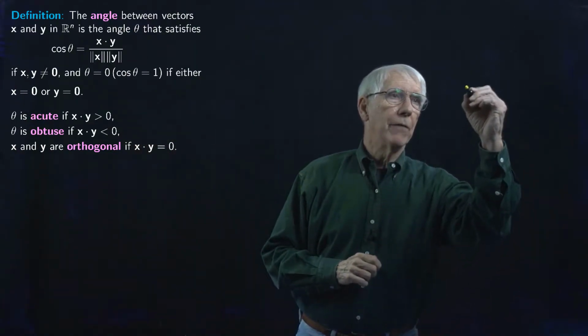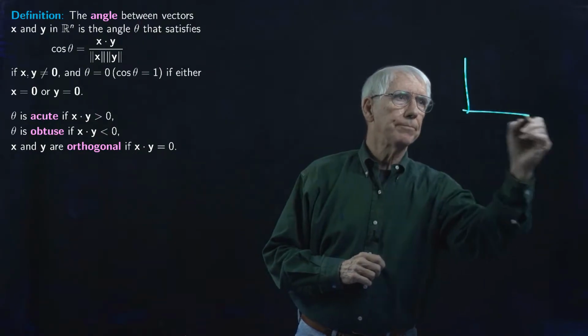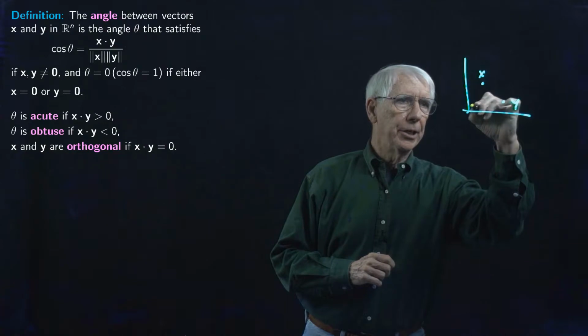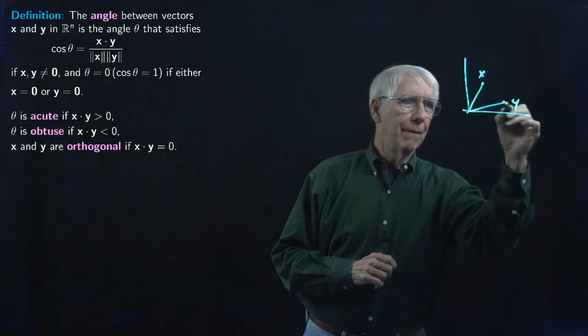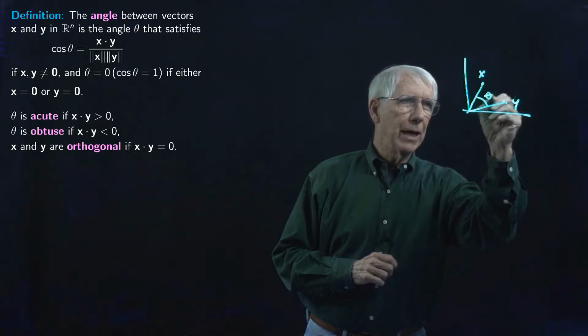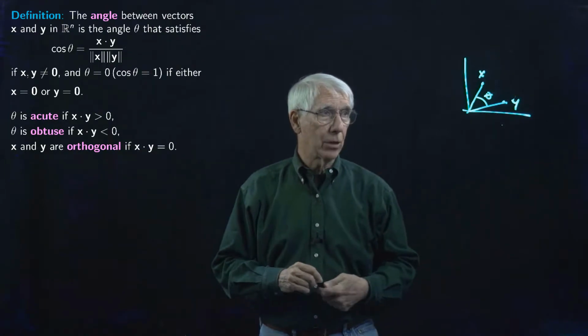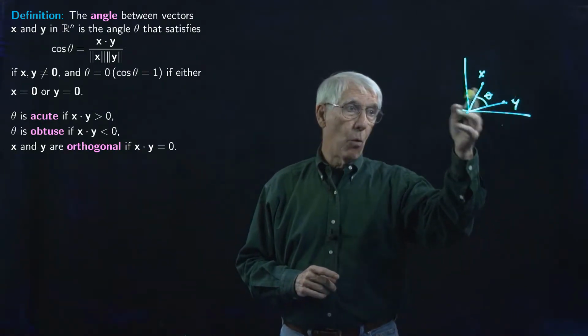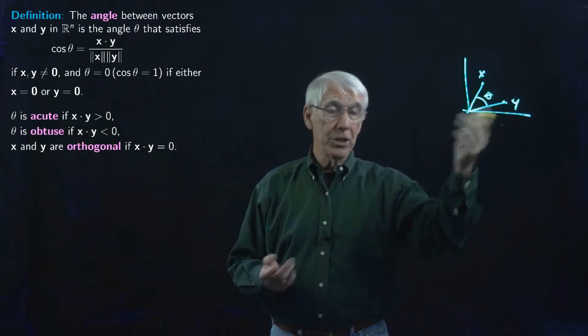So if we have, let's say, x here and y here, then this would be the angle between them, an acute angle. And this would be the case where x dot y will be positive.